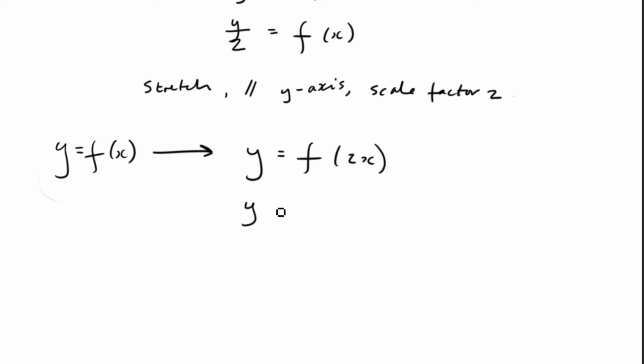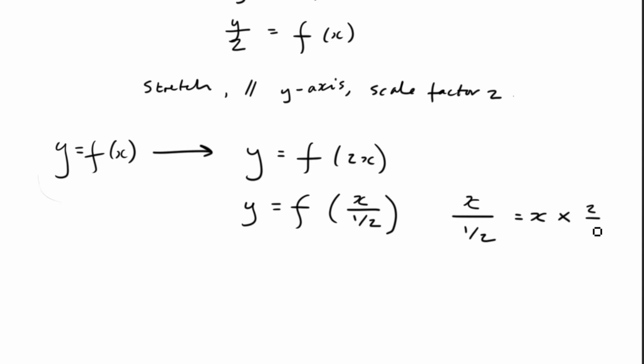But if we rewrite this, instead of 2 times x, as x divided by a half, that is the same as 2x. Let's just check that. If I take x and divide it by a half, that is the same thing as multiplying it by the fraction a half flipped over. So yes, that is the same thing as 2x.